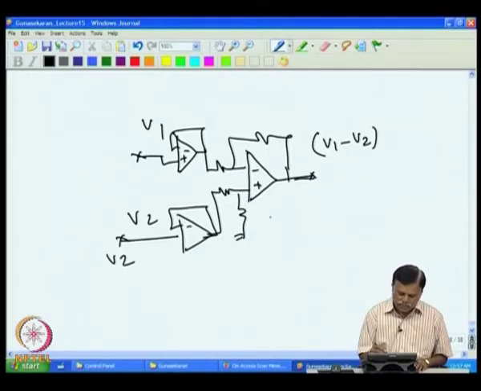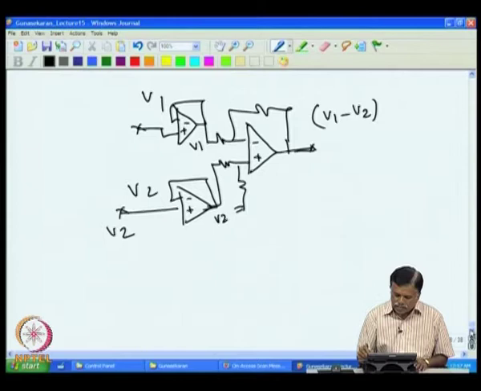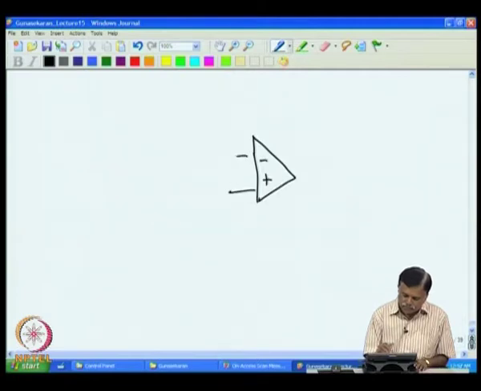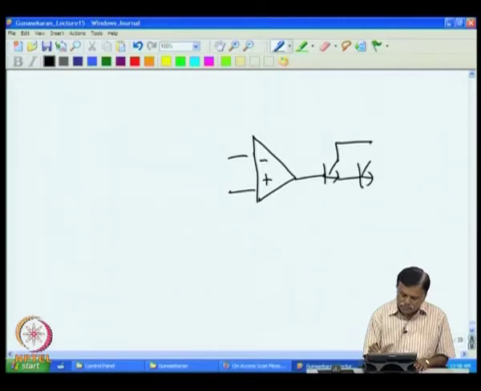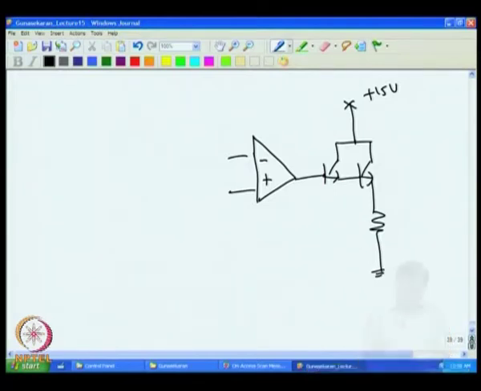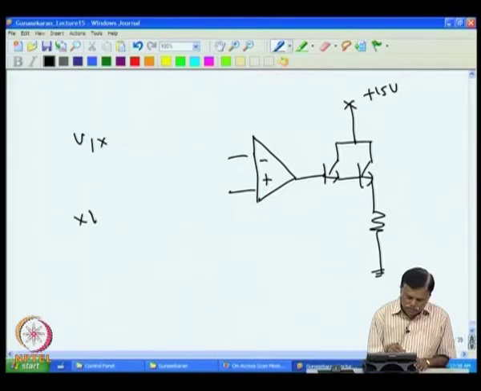This also can be done, or we can convert this V1 minus V2 into a current, that is, you are getting here V1, here V2. This also can be converted into current, using a current transmitter. So, I can have a current transmitter here. Then all that I do is that I have V1 here and V2 at this point.